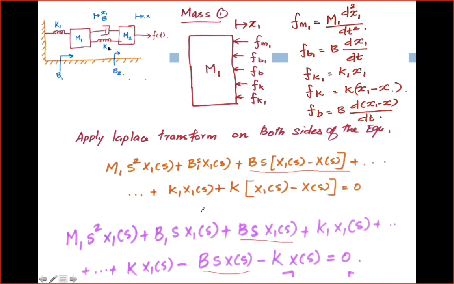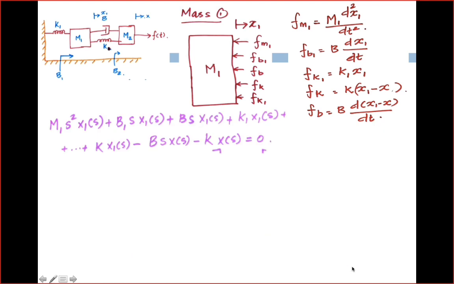When we do this, we will get m1 s square X1 of s plus b1 s X1 of s plus b s X1 of s plus k1 X1 of s plus k into X1 of s minus b s X of s minus k into X of s is equal to 0. There is no change. Both equations are the same, but I have rearranged by multiplying b s and k inside the bracket.